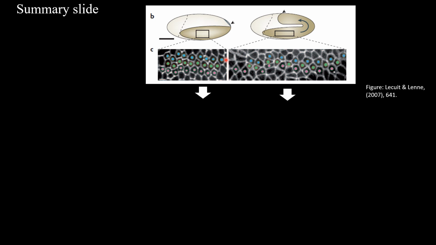The tissue got longer and narrower. Now you find that the cells start mixing, and instead of having 3 rows, you start having 2 or 3 rows, and it's definitely longer. This process is called convergent extension, and it has been studied in many different organisms.